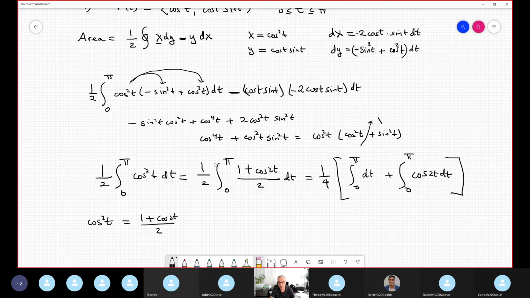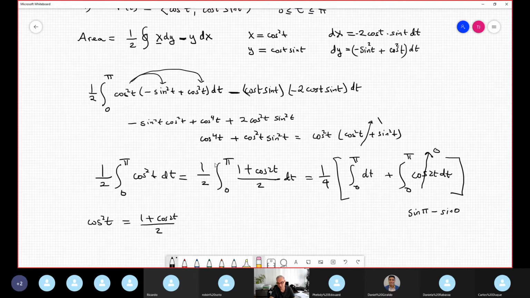This is the situation that we have so far. But wait a sec. Okay, good. Well, this integral es obvio que es 0. Bueno, integral of cosine is sine, evaluated at pi and evaluated at 0.